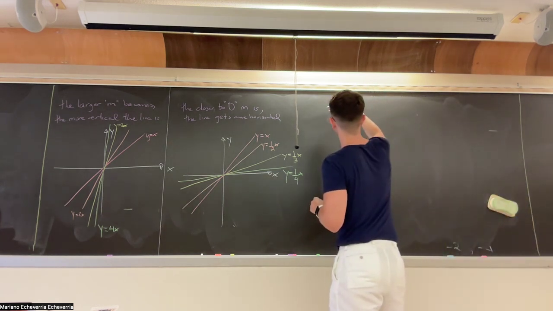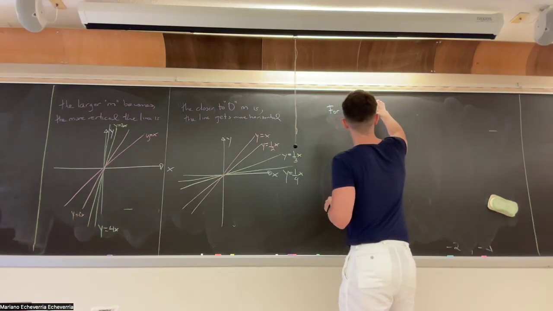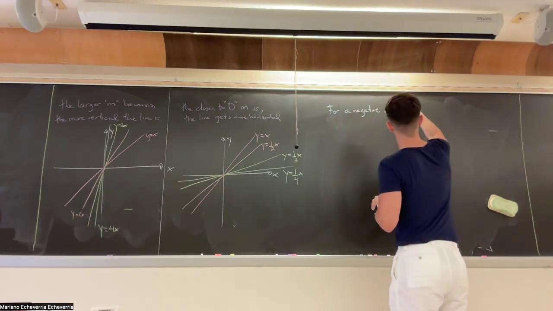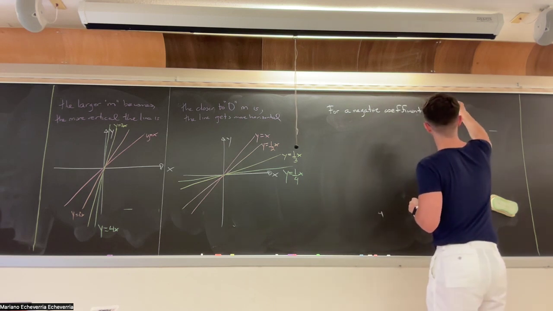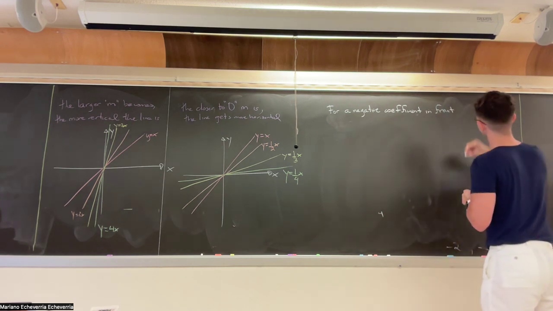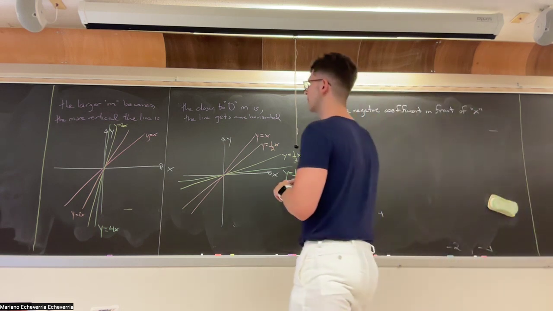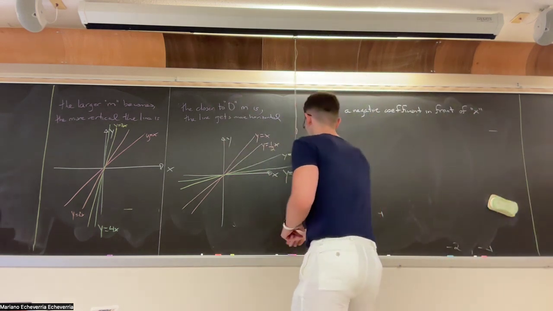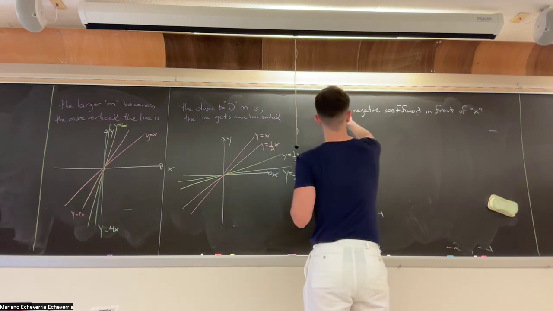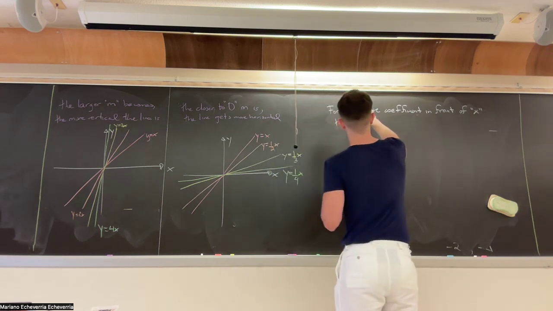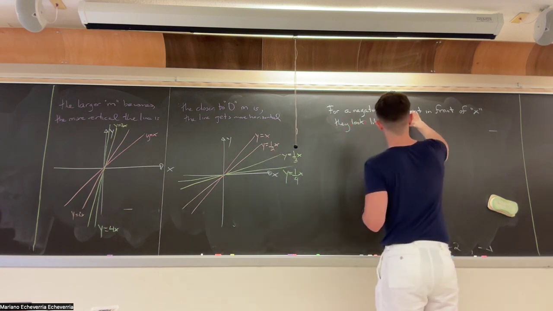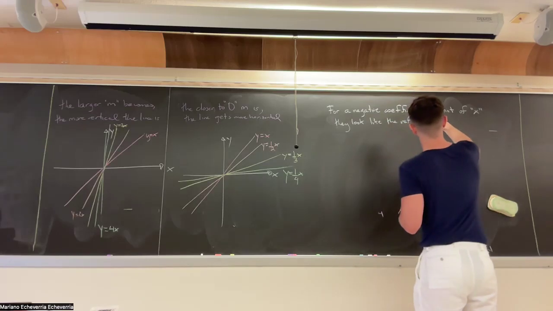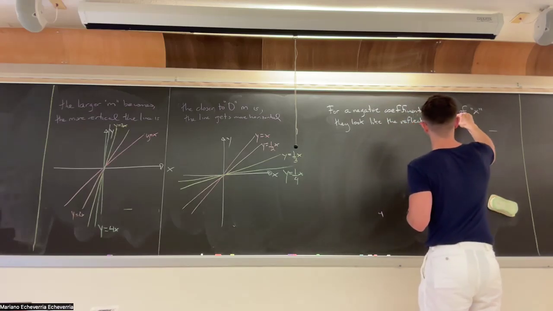For a negative coefficient in front of x, they look like a reflection of these lines with respect to the x-axis.